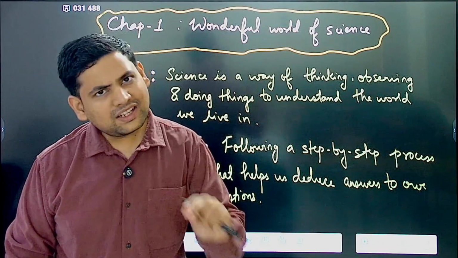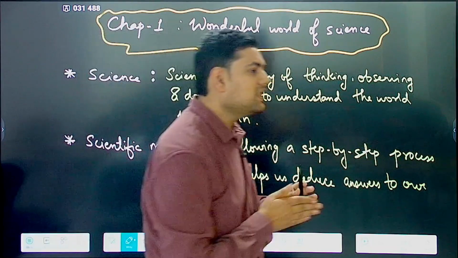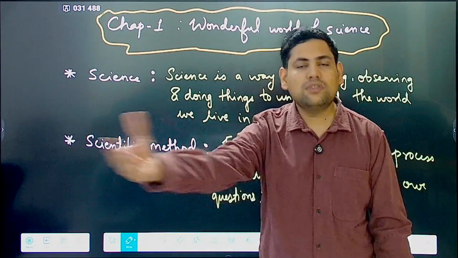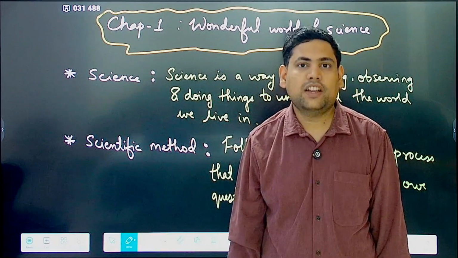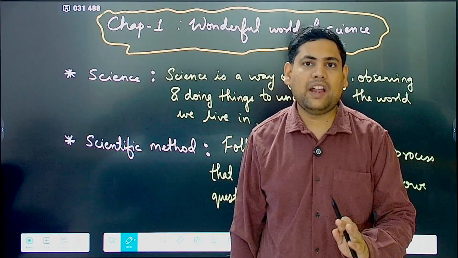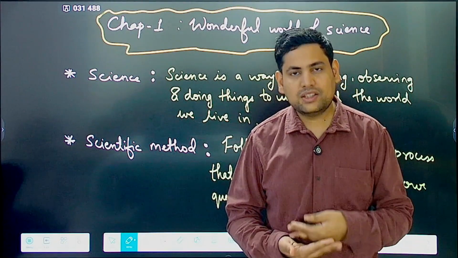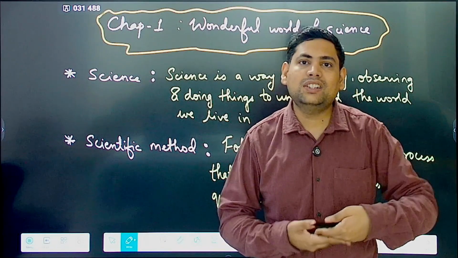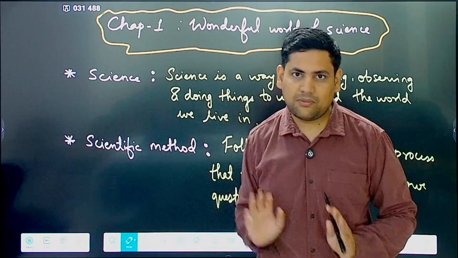For example, in physics, you are trying to understand how the universe is working. Why something, when I drop it, falls. Correct? This is gravitation. These are things that we as humans have observed, and then we are trying to understand why such a thing happens.